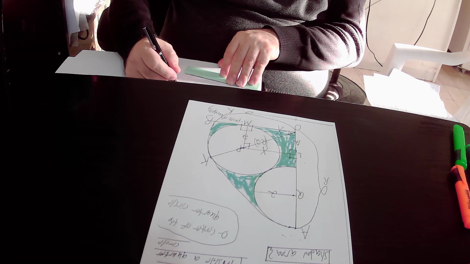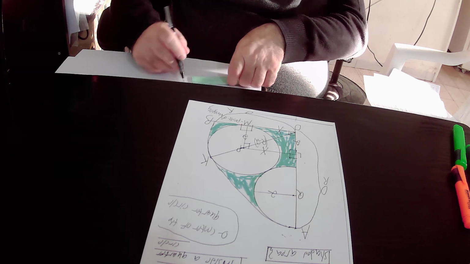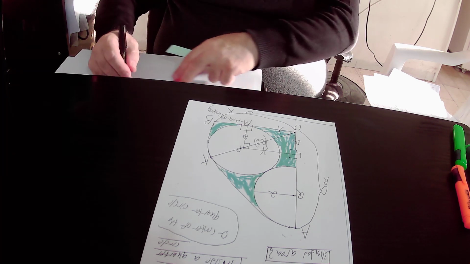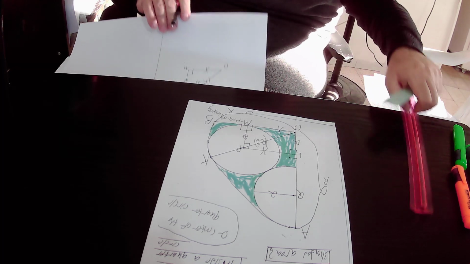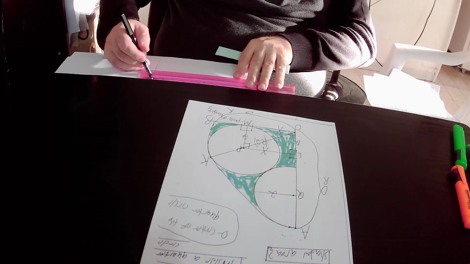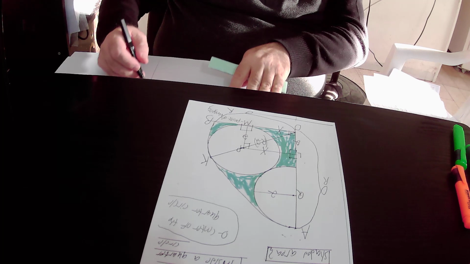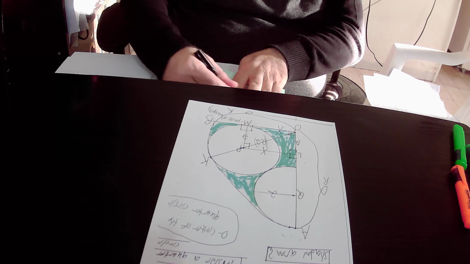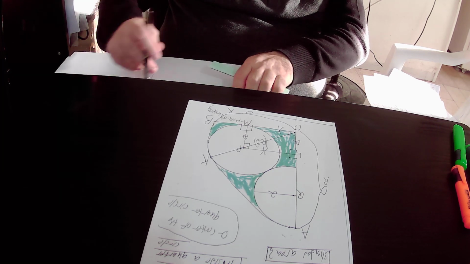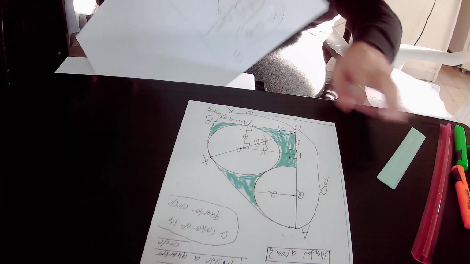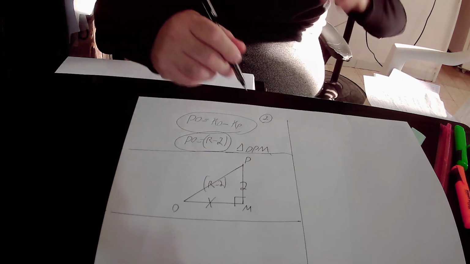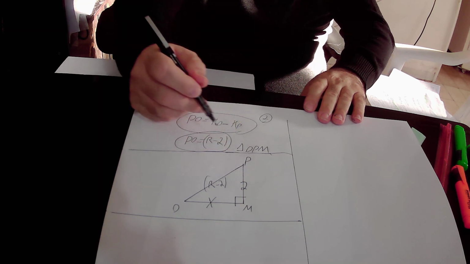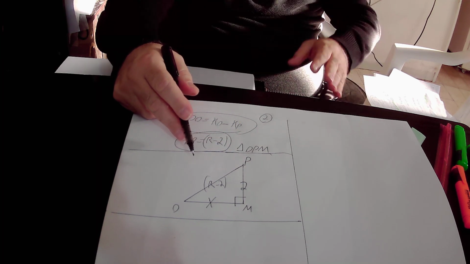It is the radius of the circle. So this is the right triangle OPM that I copied from the original drawing.